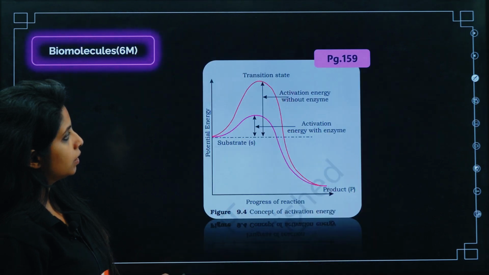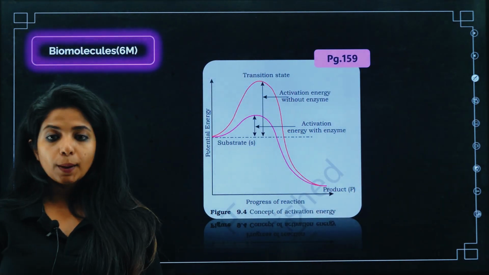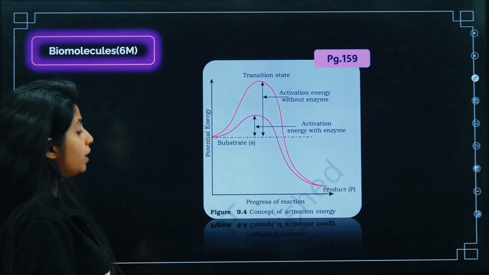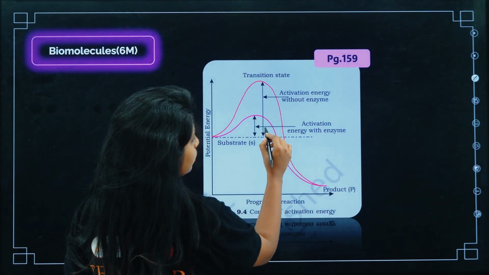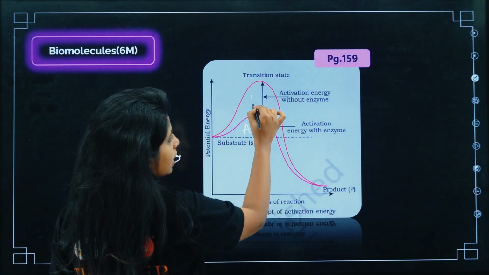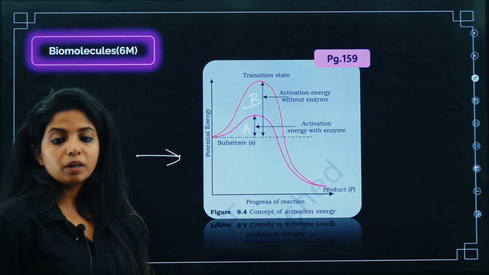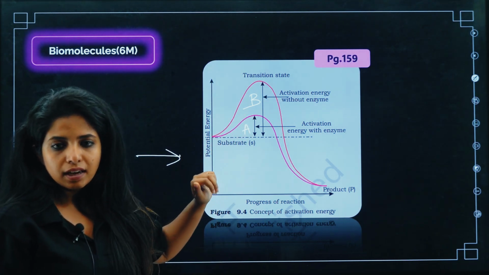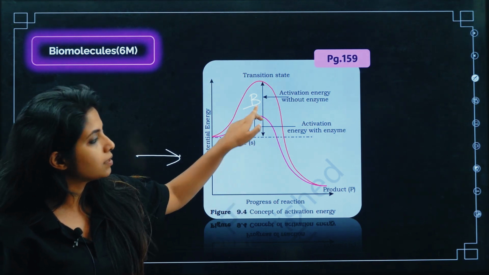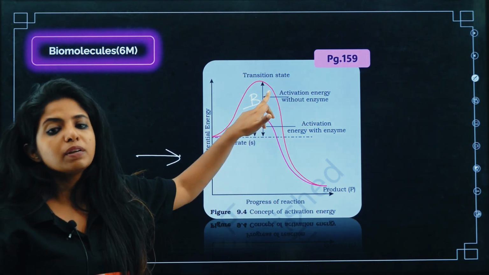And the biomolecules chapter, page number 159. This picture might be given, with one curve mentioned as A and another as B, and you might be asked why the activation energy is so low, or why the graph is like this. Is it because there is no enzyme or there is an enzyme? Does A have the enzyme or does B have the enzyme?